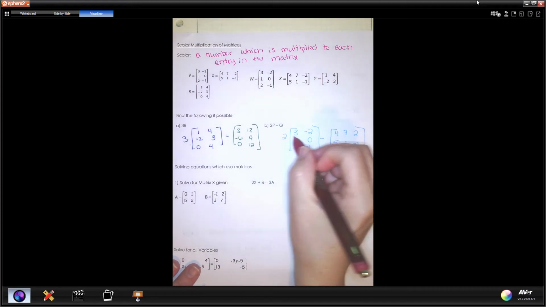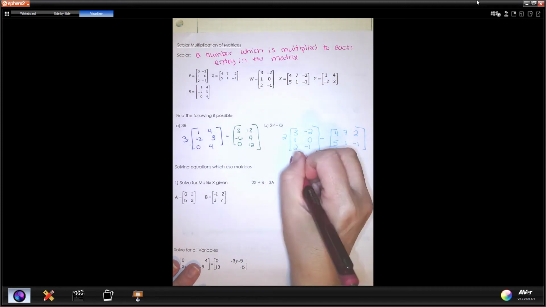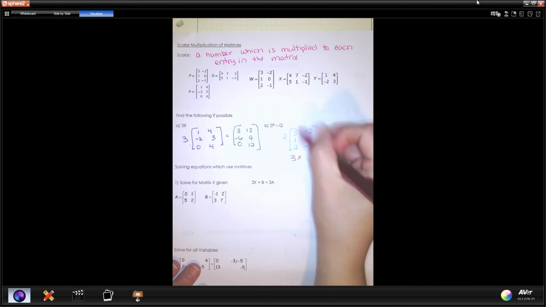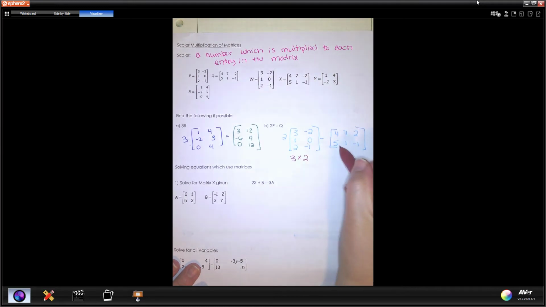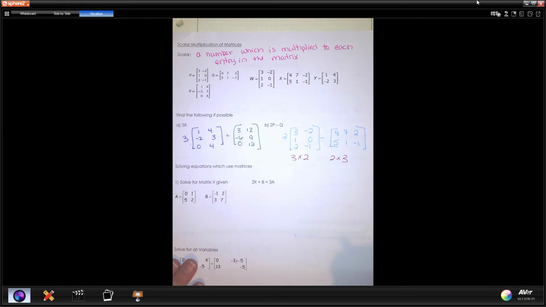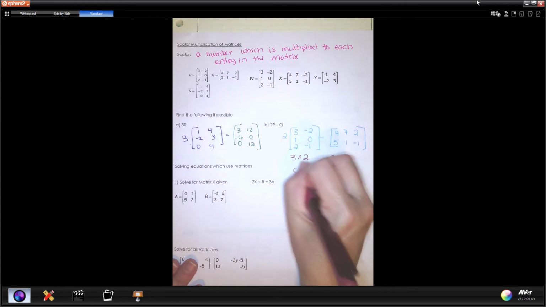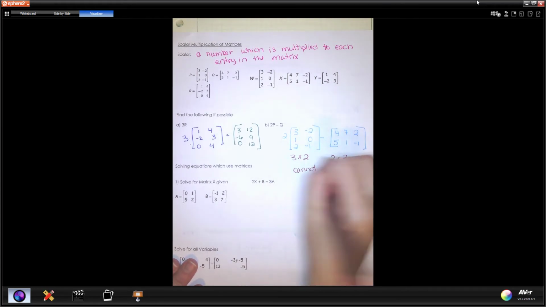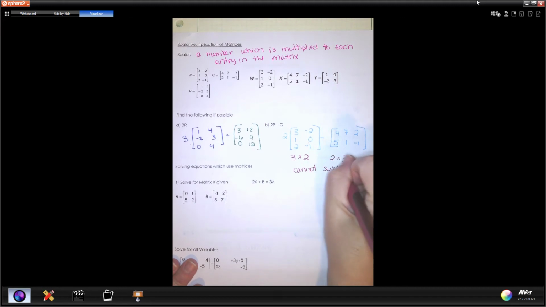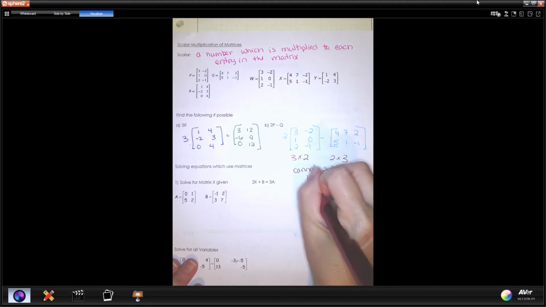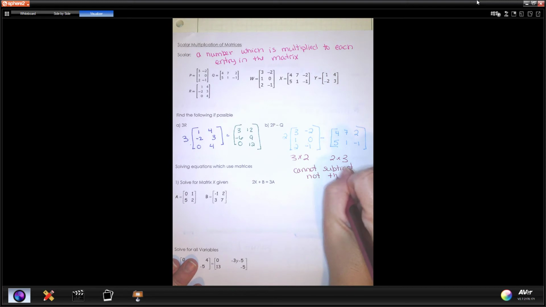So this one is a 3 by 2. From that, we're wanting to subtract a 2 by 3. And notice this one cannot subtract, not the same order.